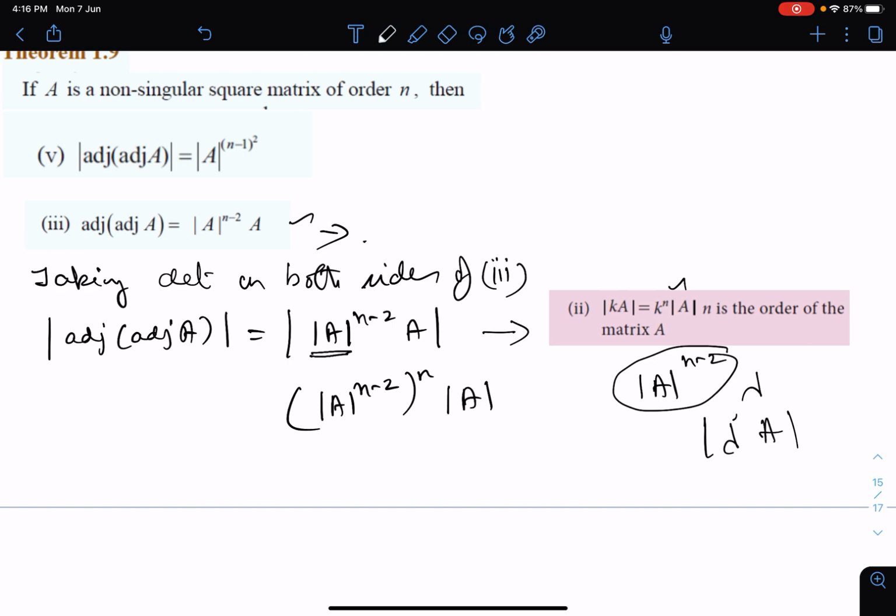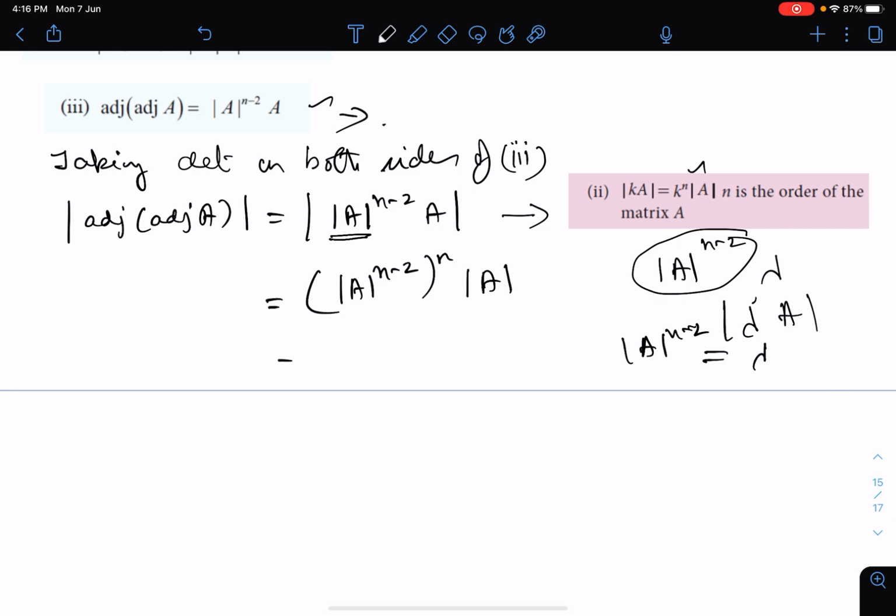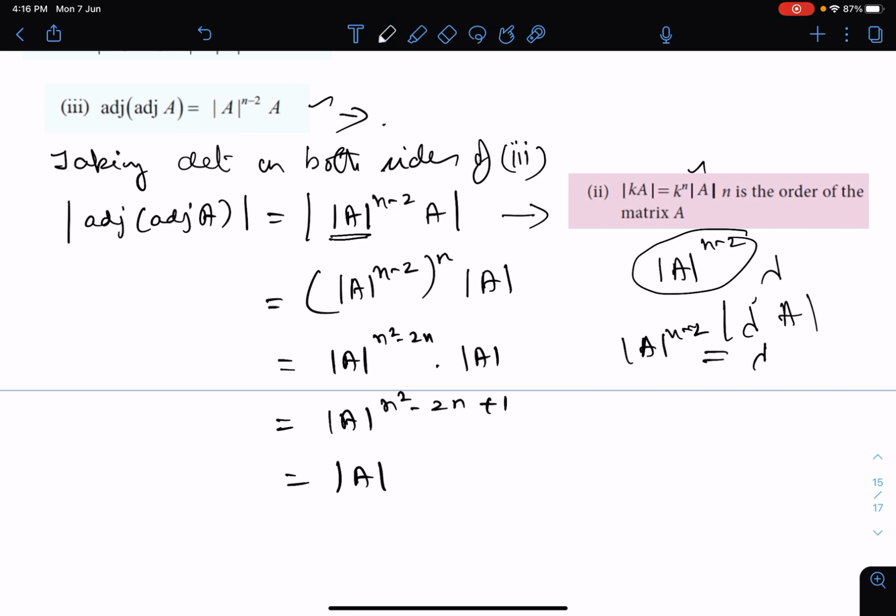So determinant A power n minus 2 equal to lambda, and then you take the order of this matrix A. So it is going to be determinant A power n minus 2 power n into determinant A. Now taking this n inside, you will get determinant A power n square minus 2n into determinant A. When you add, you get determinant A power n square minus 2n plus 1, which is nothing but determinant A power n minus 1 the whole square, from the formula.